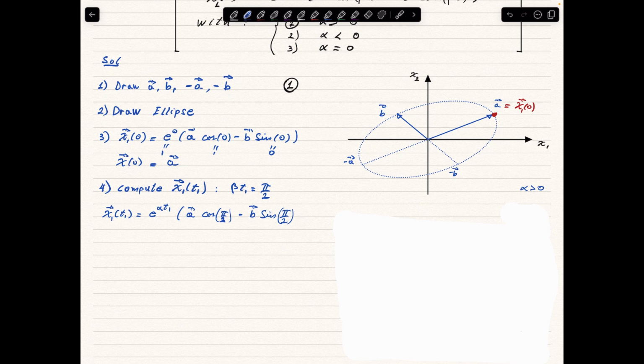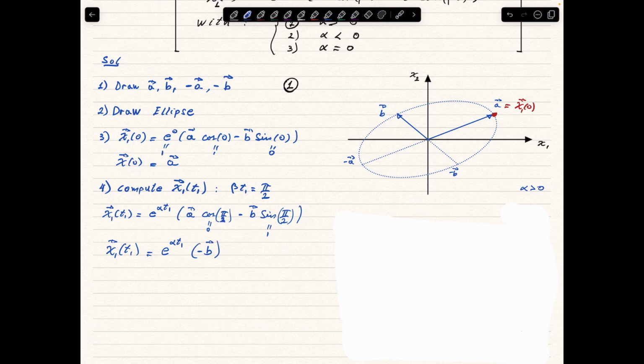I chose t1 to be exactly the number that does this. And then we know this is 0 and this is 1. The exponential is something we have to deal with in a minute. But the solution at this t1 is going to be proportional, the proportionality factor being this exponential, and then we are going to have negative B multiplying.